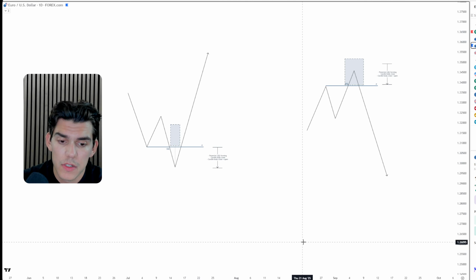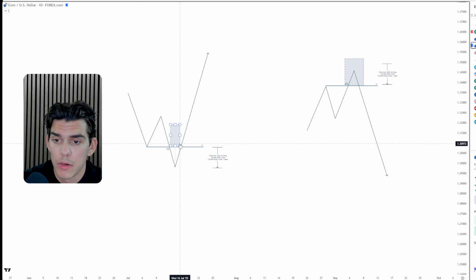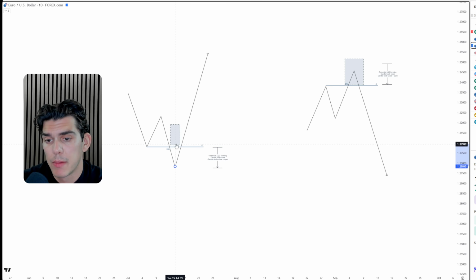But at the cost of what? At the cost of there not being a lot of body on this candle, right?